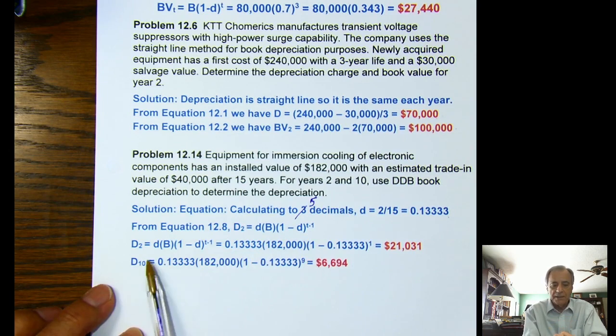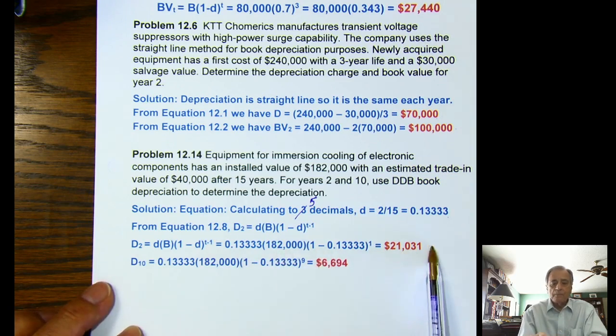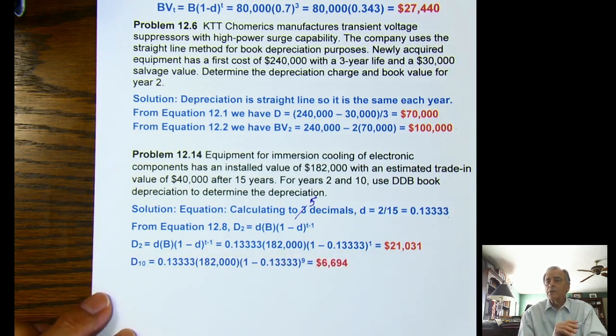So I plug into that. d2 will be equal to 0.13333 times 182,000 times (1 minus that) to the t, which is 2 minus 1 power, which is 1. And so when I crank through that, I get $21,031. That will be the depreciation in year 2.